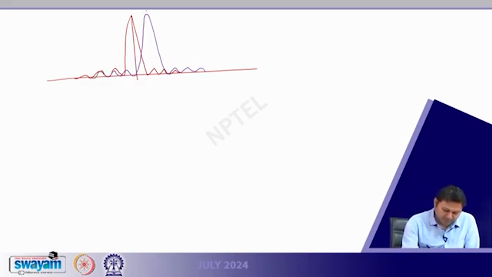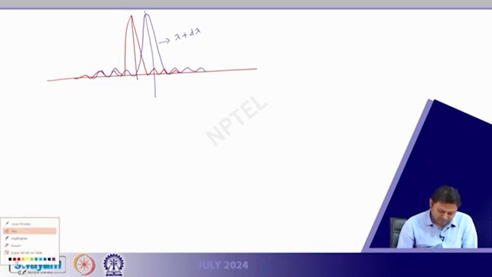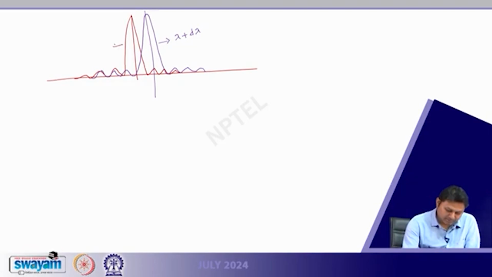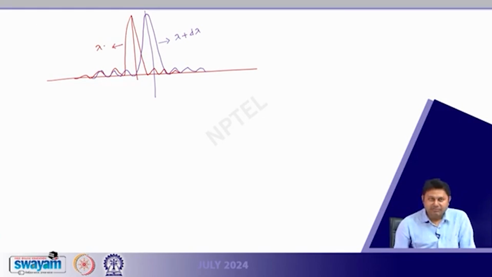So, two wavelengths are associated here. Say this is lambda plus d lambda, and the other wavelength is lambda. If we put these two together and allow them to diffract from a grating, in the spectra we will see these two principal maxima placed side by side.